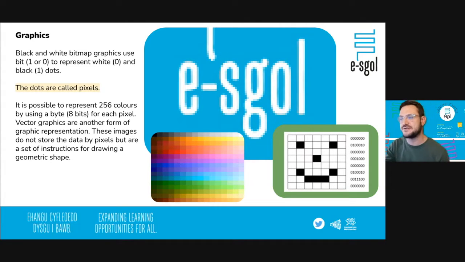So you can see there, the first row across the top of that smiley face, we've got a row of all white squares. And they can all be stored on 1, 2, 3, 4, 5, 6, 7 bits across. And you can see they've all just been stored as 0, 0, 0, 0, 0, 0, 0, because they're all white. The next row then we can store, well, we've got 2 black pixels there for the eyes.